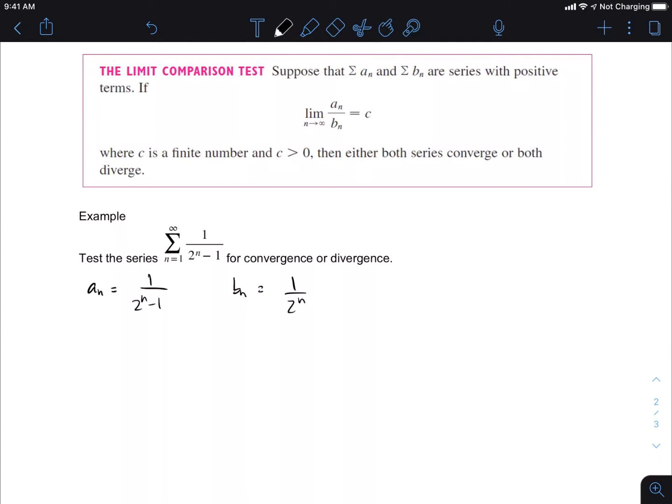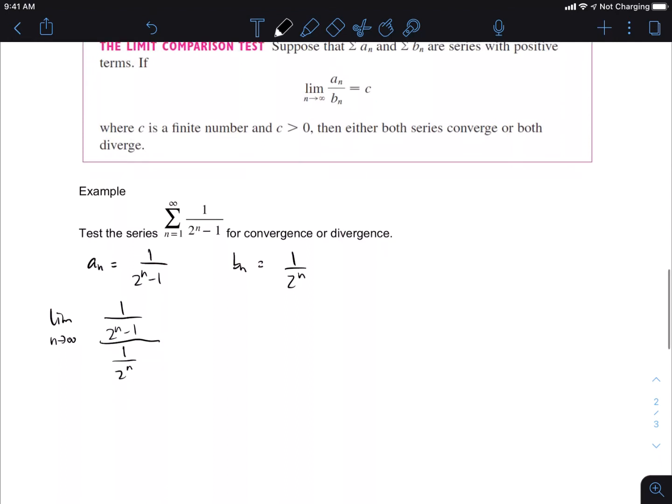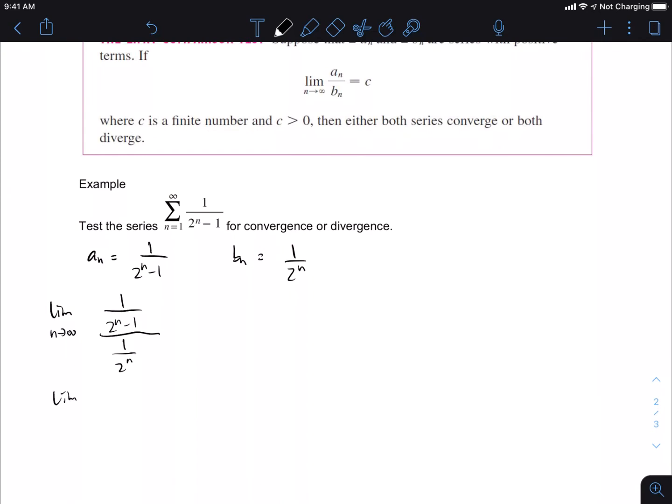And so it's the ratio of these two, right? So I'm going to take the limit as n goes to infinity of 1 over 2 to the n minus 1, over 1 over 2 to the n. But we know that this is going to be 2 to the n over 2 to the n minus 1.